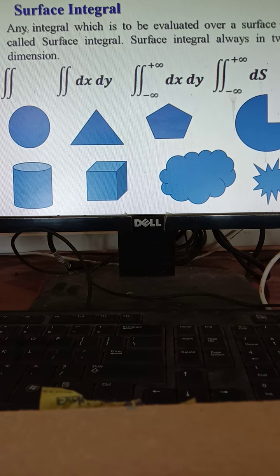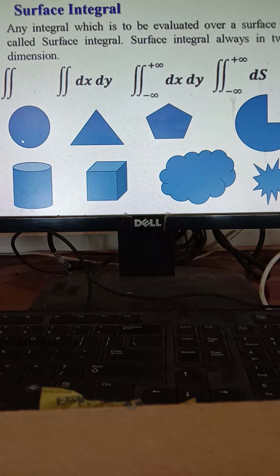If you want to define the surface integral, we are going to consider the double integral which is to be evaluated over the surface. Then we can call it a surface integral, and the surface integral is always in two dimensions. Why two dimensions?